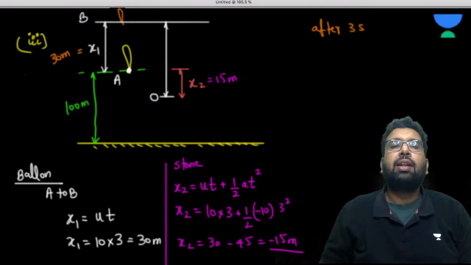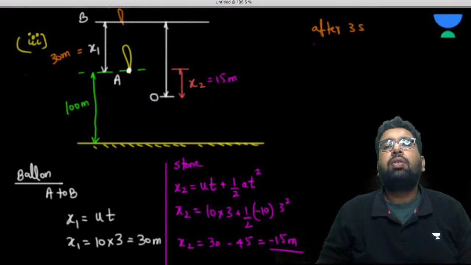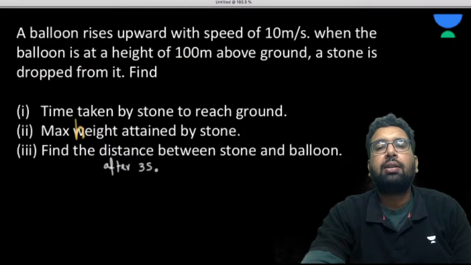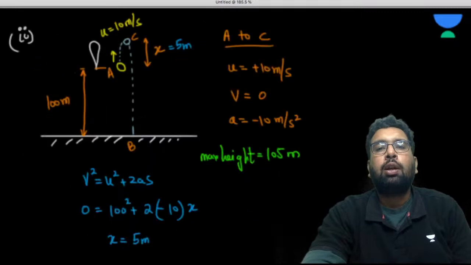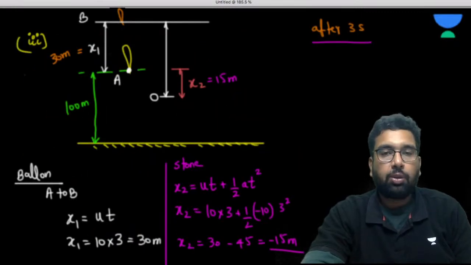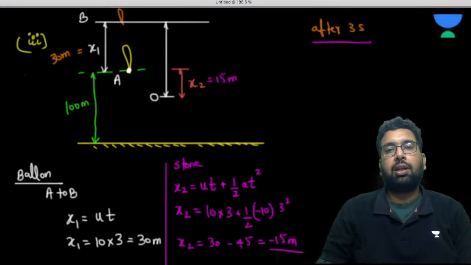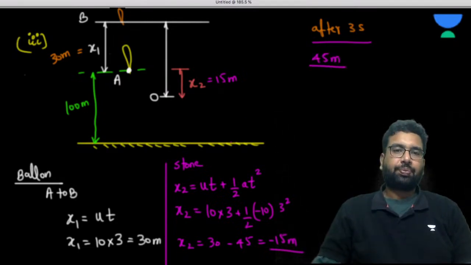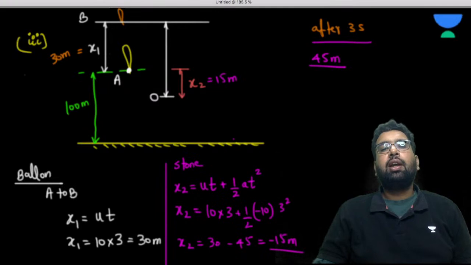So after 3 seconds, this is 15. What is asked in the question? It was asked to find the distance between the stone and the balloon. So the distance between the stone and the balloon is going to be 30 plus 15, that is 45 meter.